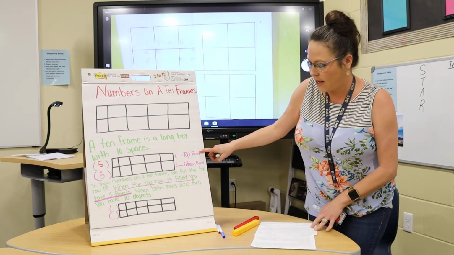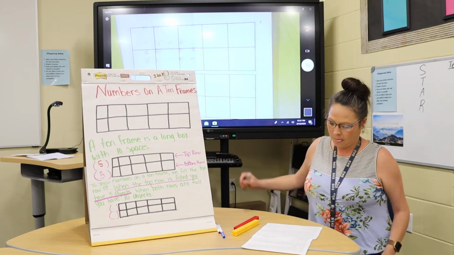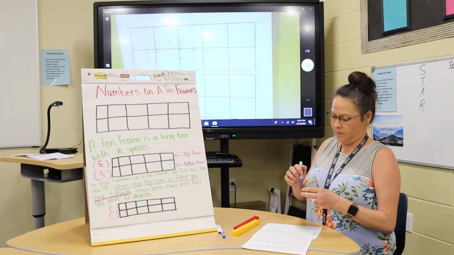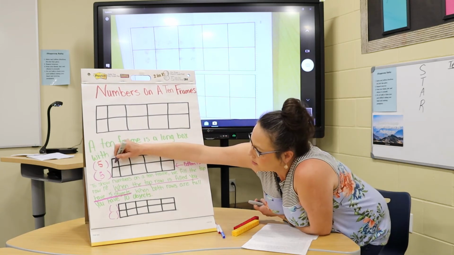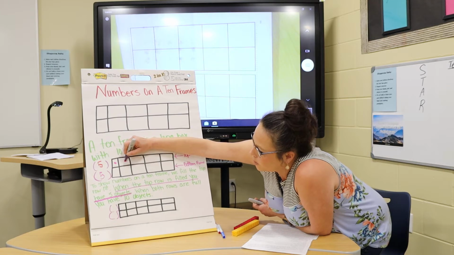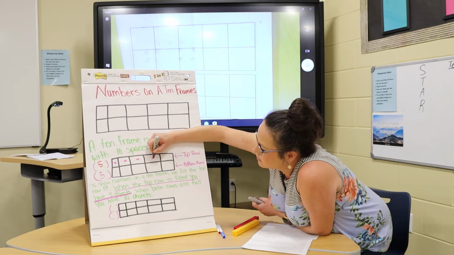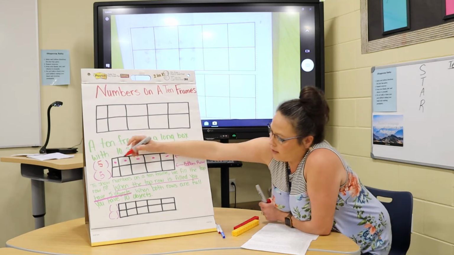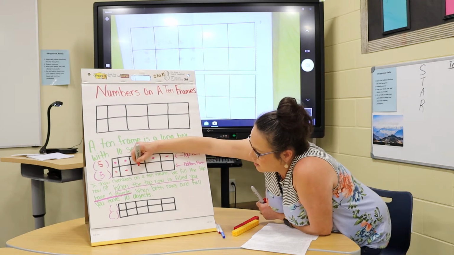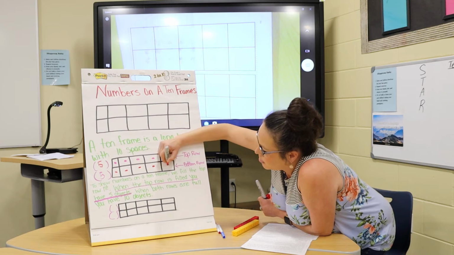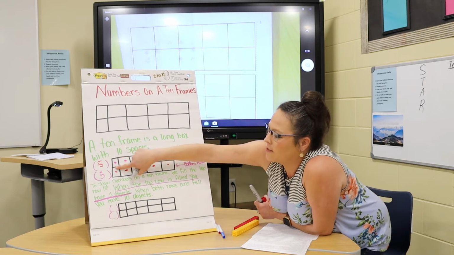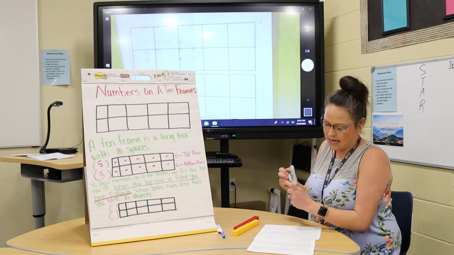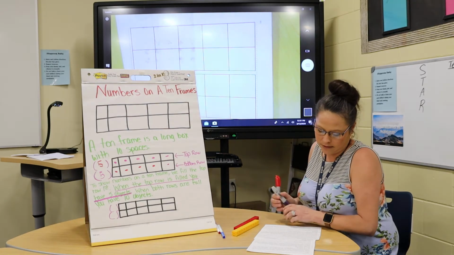The top row has 5 and the bottom row has 5. If I fill the top row with 5 purple dots and the bottom row with 5 red dots, I have 5 plus 5 gives me 10, which is a 10 frame.